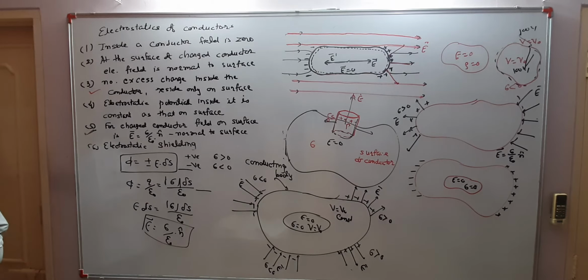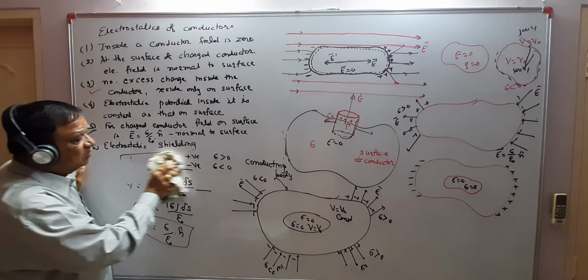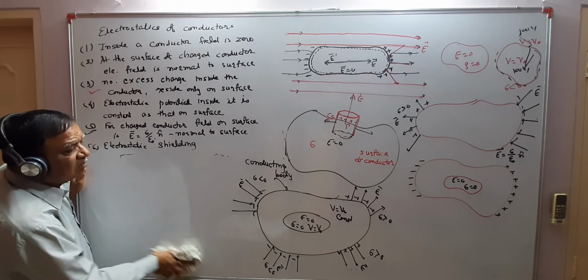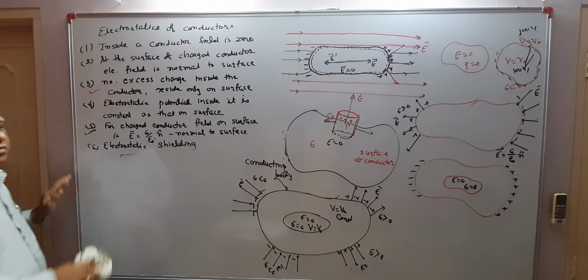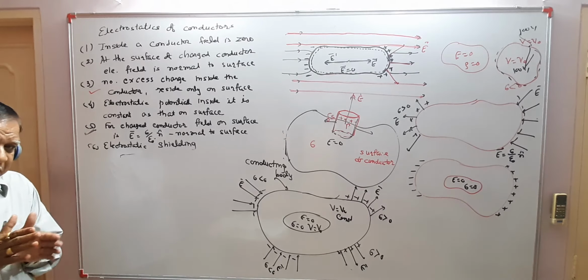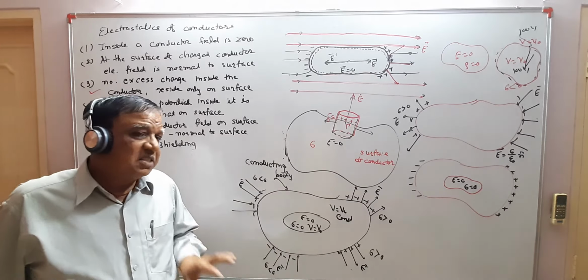Now, last, electrostatic shielding. In electrostatic shielding, suppose we have taken a conductor with a cavity inside it.